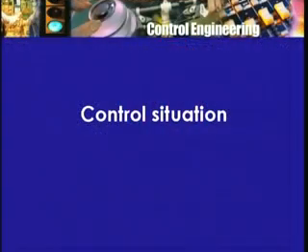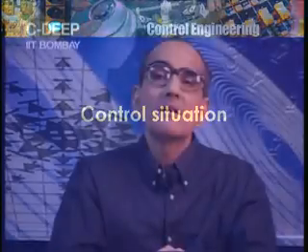In chemical process industry, again there are control situations almost everywhere, right from the place where the oil exploration or the drilling has taken place, the oil wells, the oil has to be pumped up, brought to the surface, and then sent through pipeline. Then at the refinery, a lot of chemical processes have to be done on the crude.